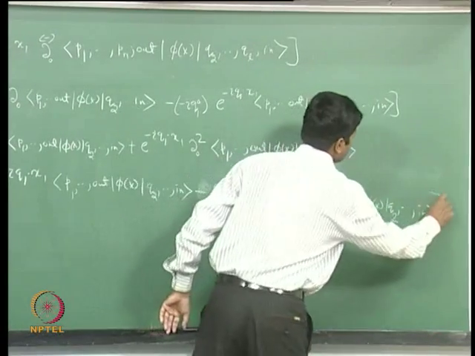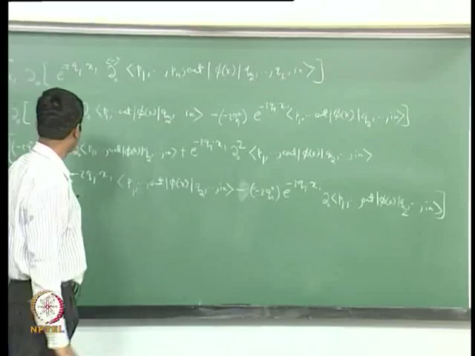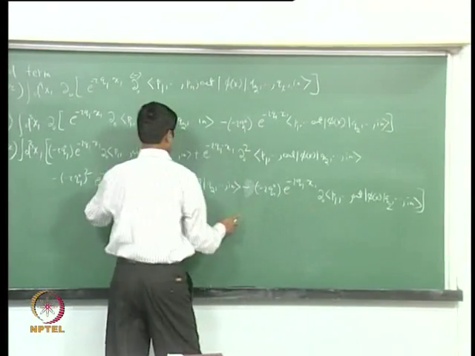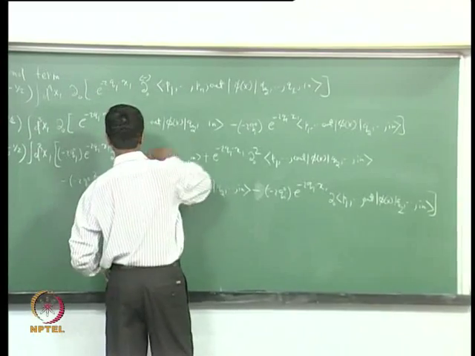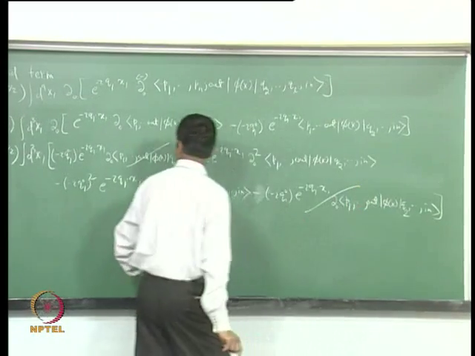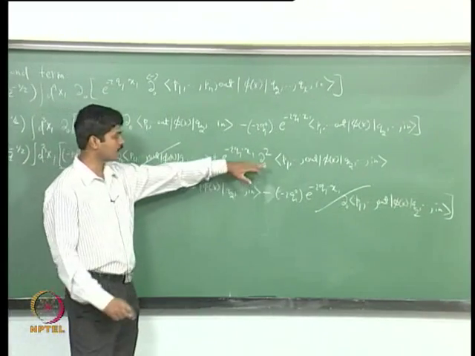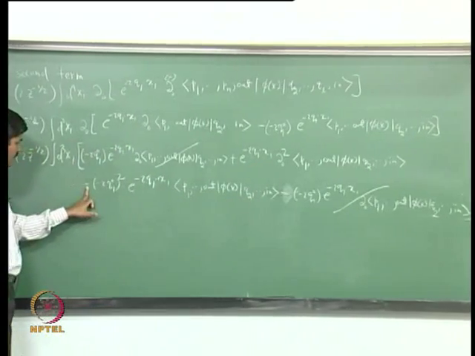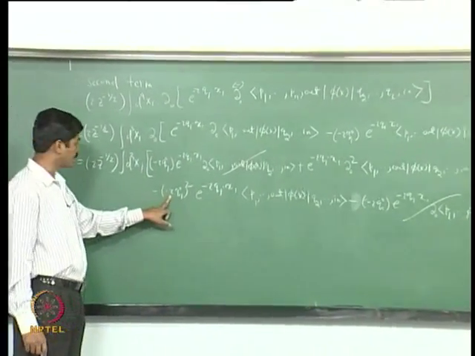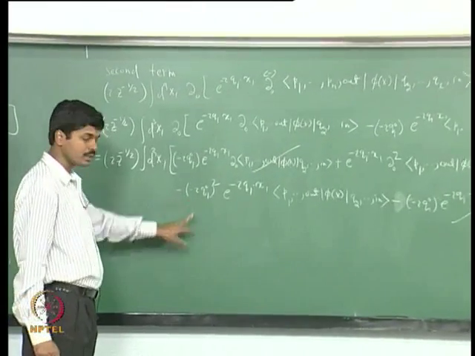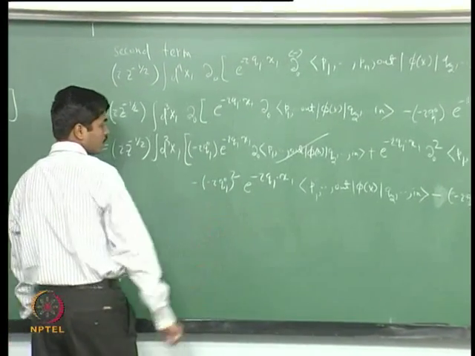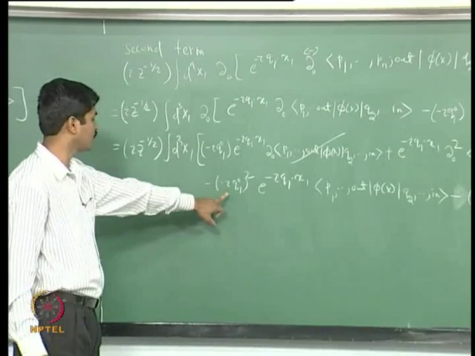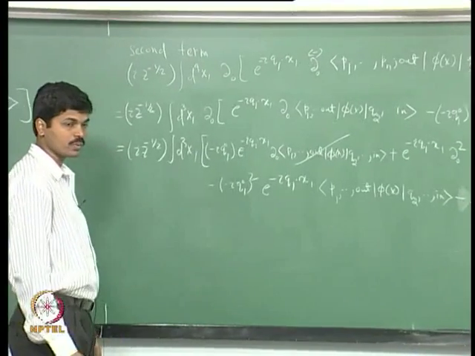Now, you can see the first term here is same as this term apart from this minus sign. So, this will cancel this. What you are left with is this and this. There are these two terms here because there is a minus, and because of this i squared and this minus sign, you will get plus (q_1^0)^2.